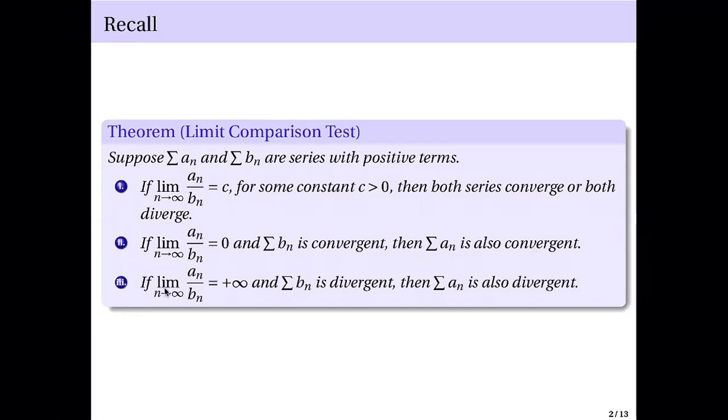And the third case is if the limit of AN over BN as n approaches infinity is positive infinity, and the series BN is divergent, then the series AN is also divergent.